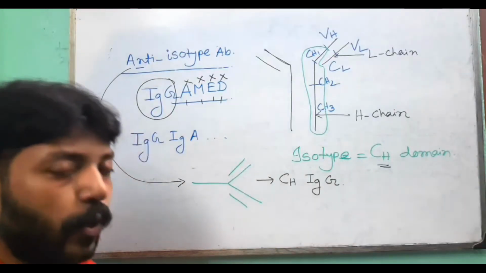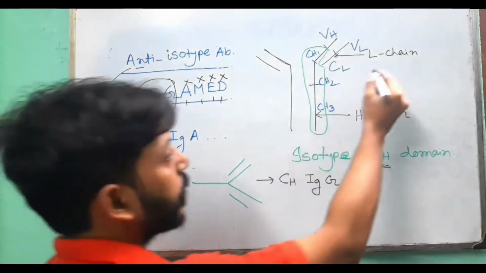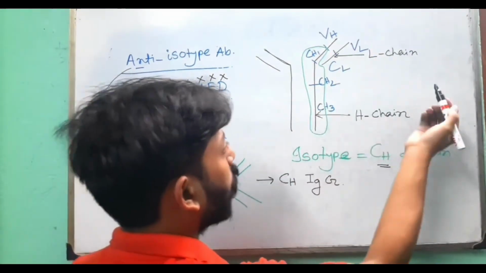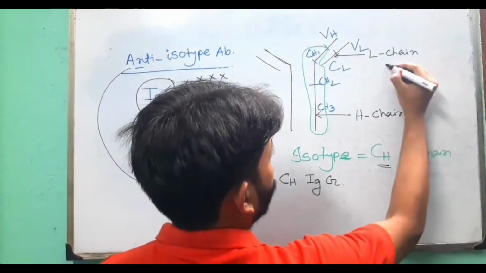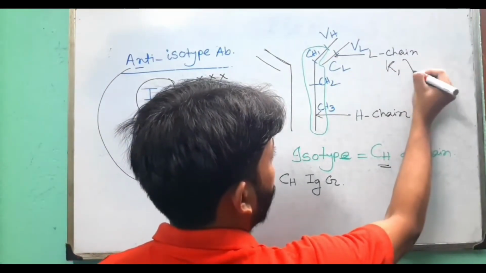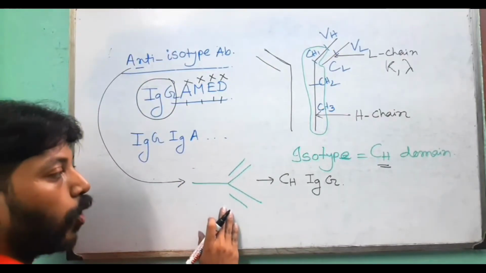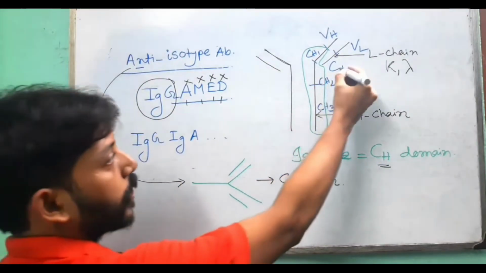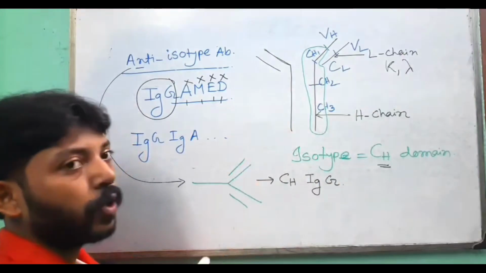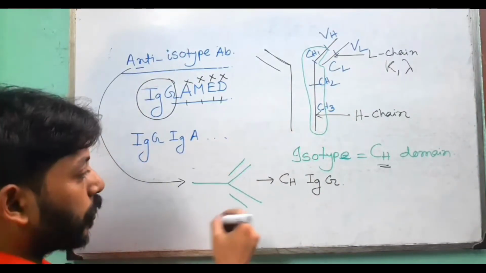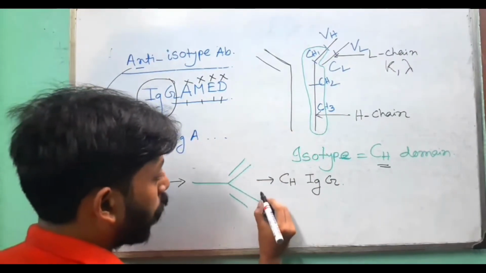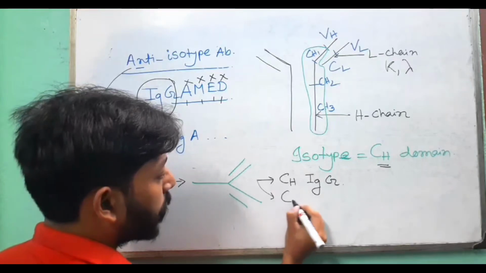In this case I want to mention the light chain of antibody can also be of 2 types called kappa and lambda. And this anti-isotype antibody can also recognize the constant light region of kappa or lambda. So this anti-isotype can also recognize constant light.